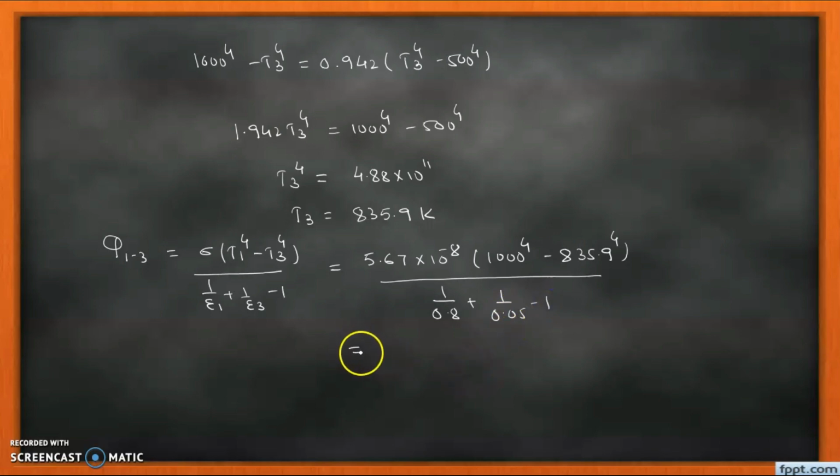So we get the answer, that is 1436.11 watt per meter square. This is the rate of heat transfer with shield.